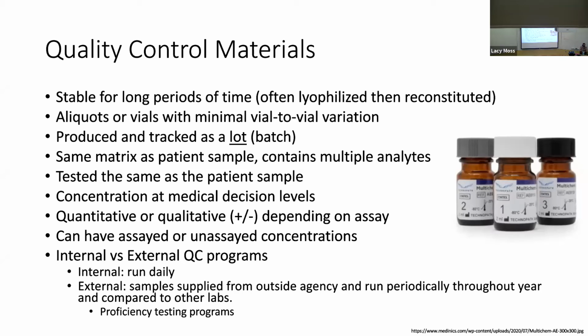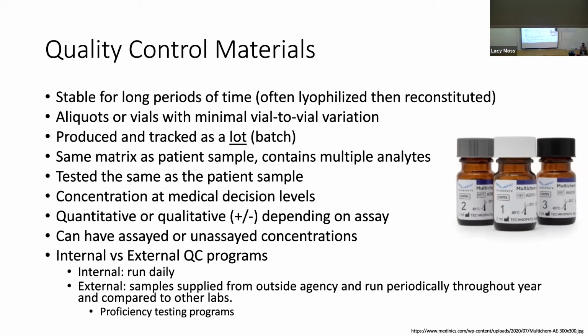And then you have internal QC programs. Internal QC is what you run every day in the lab. External QC is where you pay an outside agency, usually CAP, and they send you samples throughout the year. You run them on your instruments like you treat every other sample, and then you send your results back to CAP. They say, congratulations, you match what everyone else got, you're doing a good job.